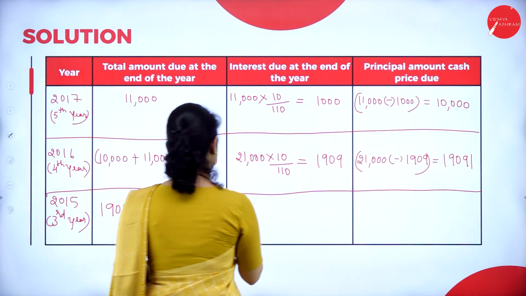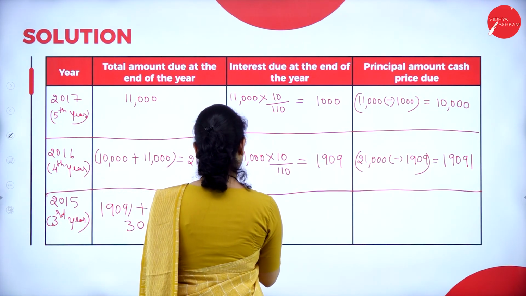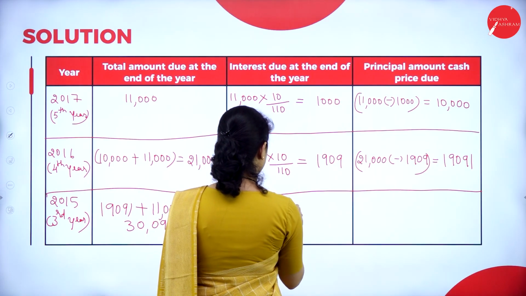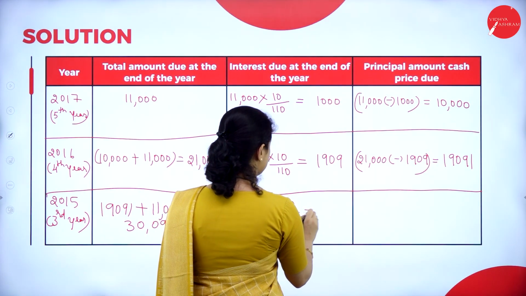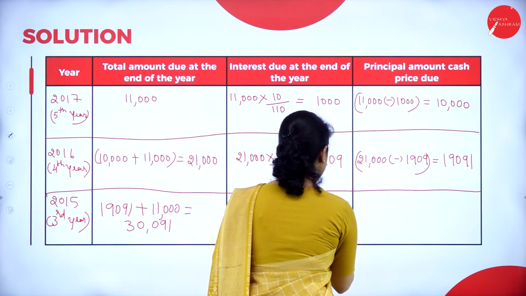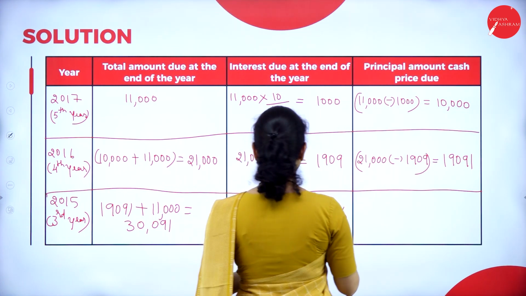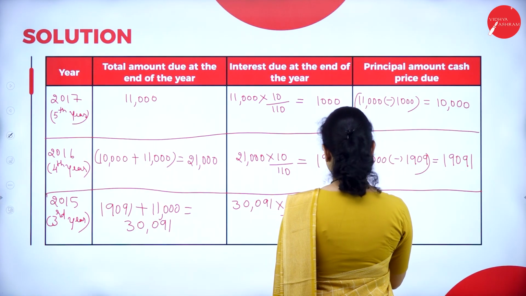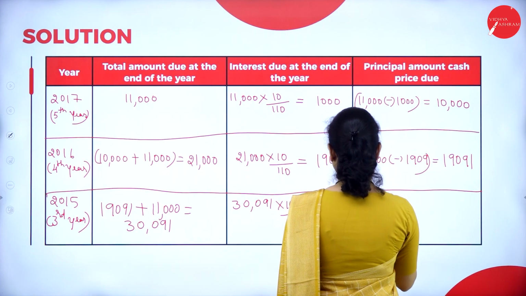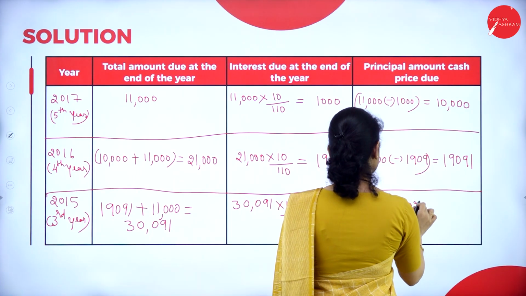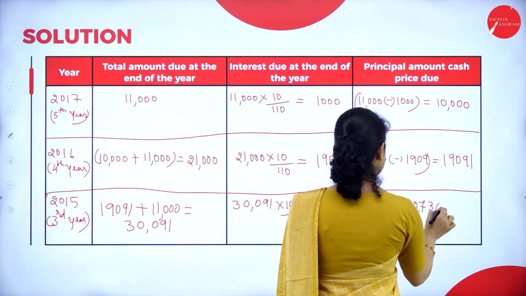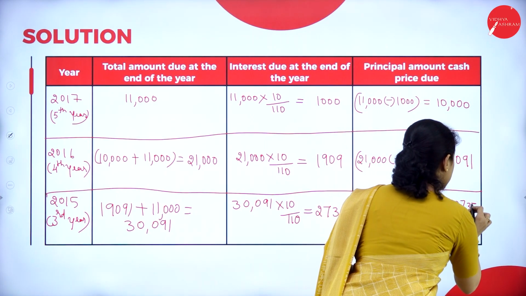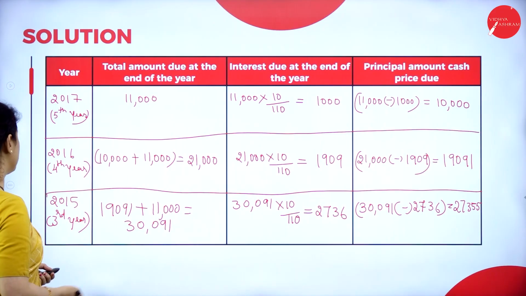So let us calculate the interest. 30,091 into 10 divided by 110 is 2,736. So in the principal amount column, 30,091 minus 2,736 equals 27,355.